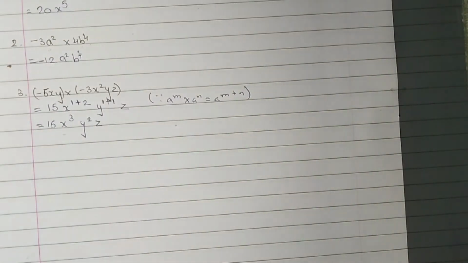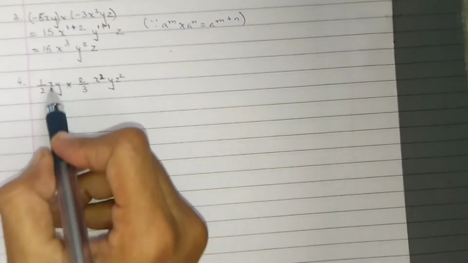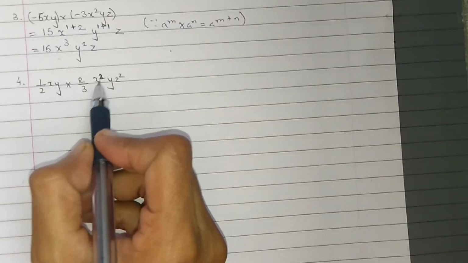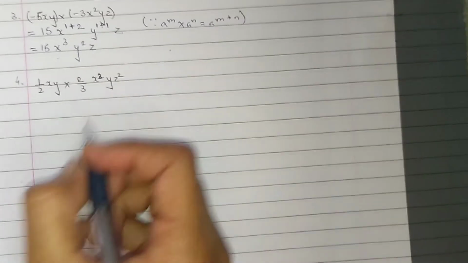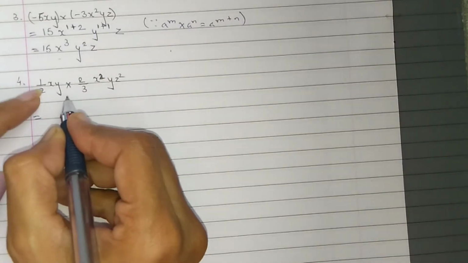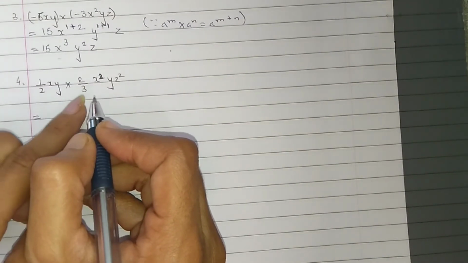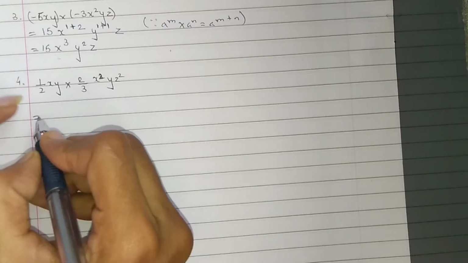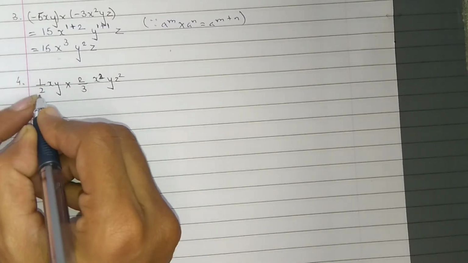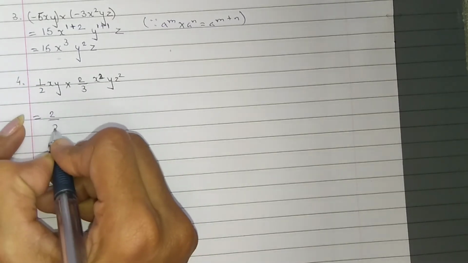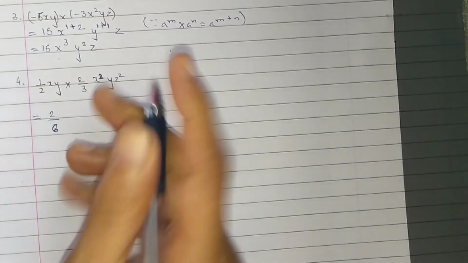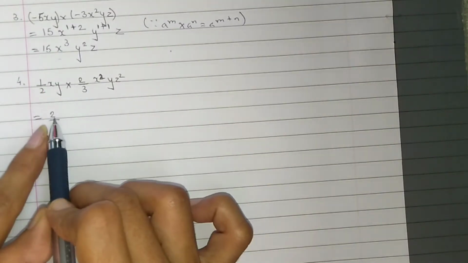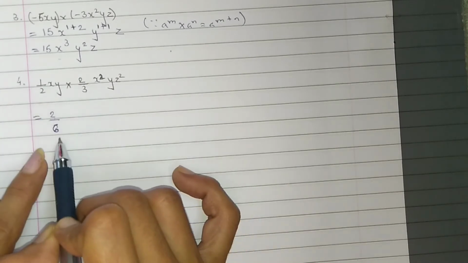Now here, half xy into 2 by 3 x square y z square. So equal to half into 2 by 3. So first 1 into 2 is 2 and 2 into 3 is 6. We have to multiply. Okay, 1 into 2 is 2 and 2 into 3 is 6.